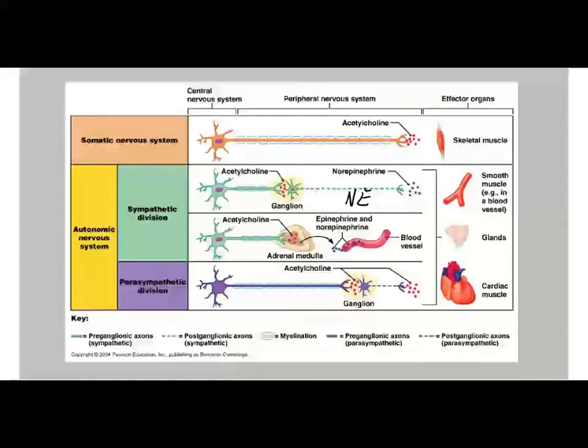So when your adrenal medulla releases epi and norepi into your bloodstream, we get that prolonged sense of fear, that prolonged, ready to fight or ready to run. So the sympathetic nervous system has this very quick layout with the norepinephrine, and a very long-lasting but slower-acting layout with the epi and norepi into the bloodstream.